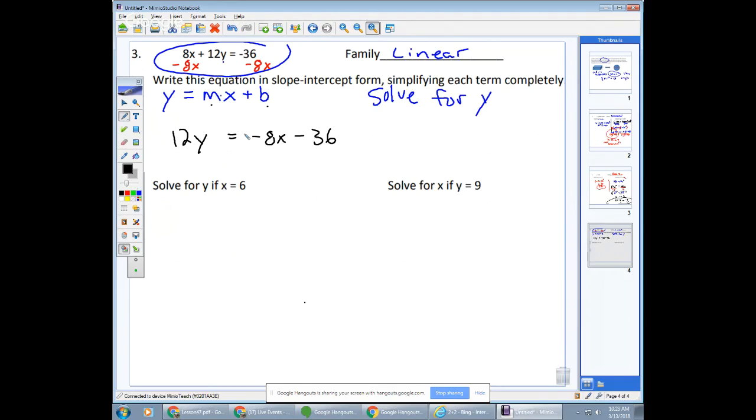You could call it, if you want, negative 36 minus 8x. But again, I'm trying to match that order up there. The last step would be to divide by 12. And the catch there is this whole side is divided by 12, which means both the negative 8x is going to be divided by 12 and the minus 36 is divided by 12.